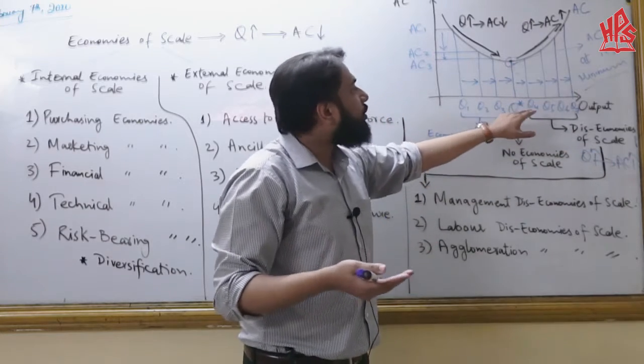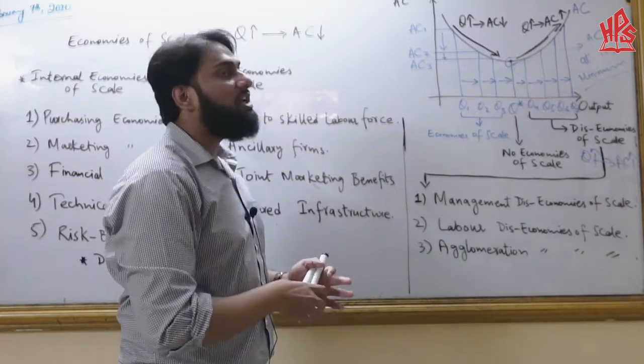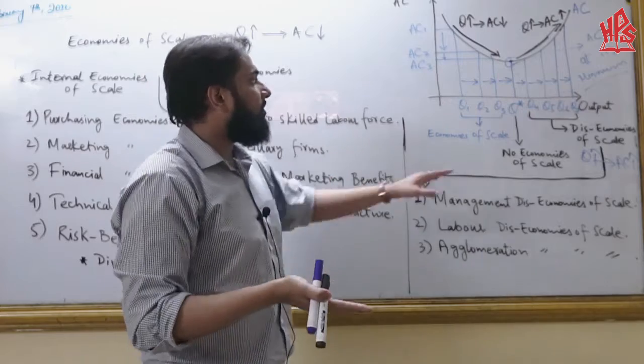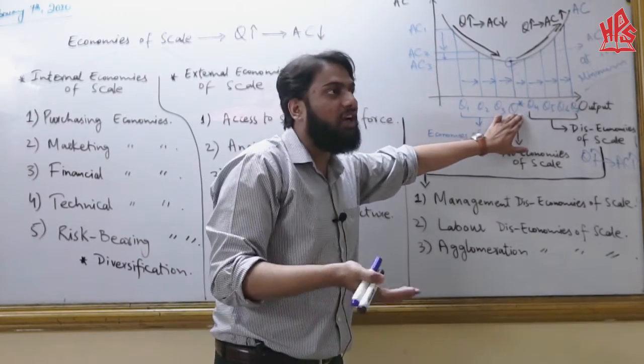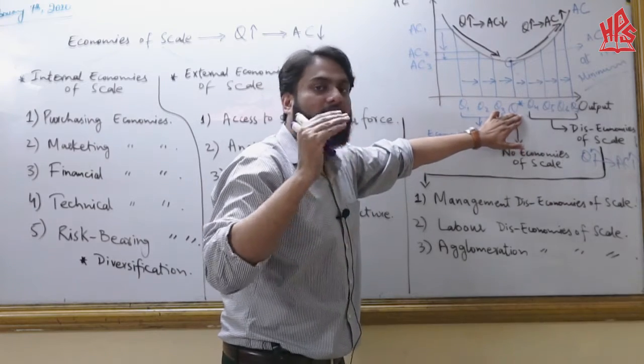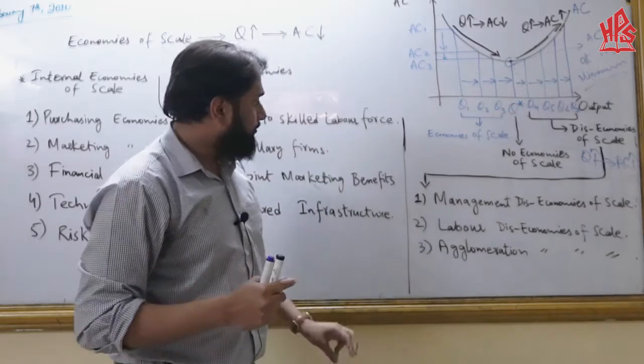So Q4, Q5, Q6 or Q7 will never give you the cost at its minimum. This is the only point, Q star, which gives you the minimum average cost.